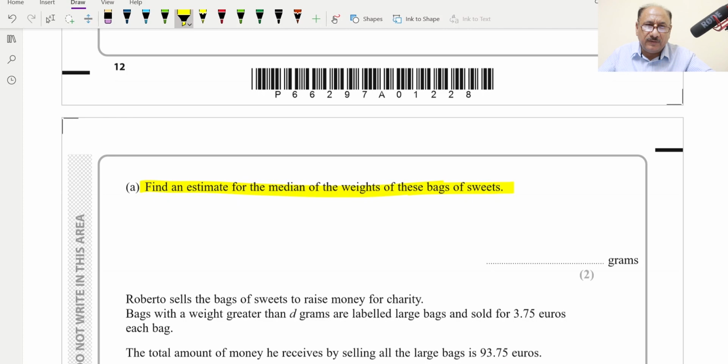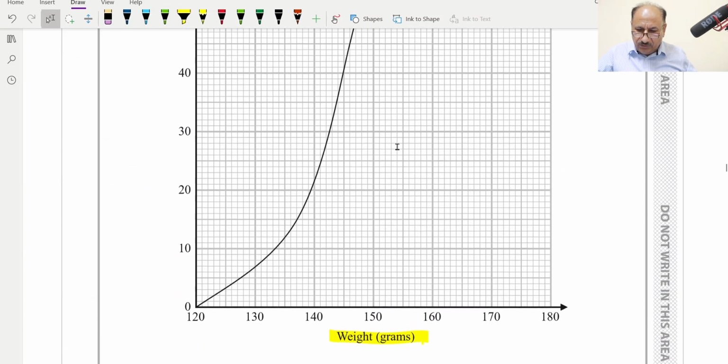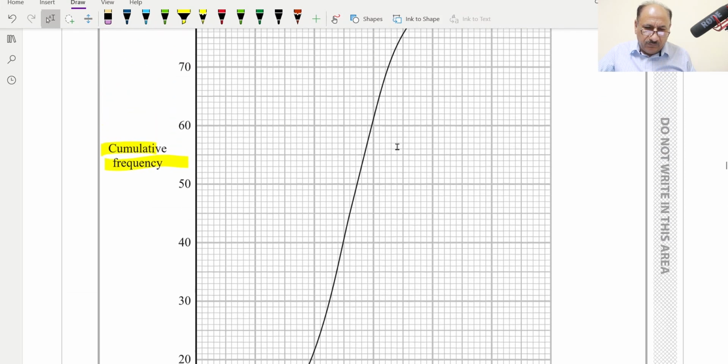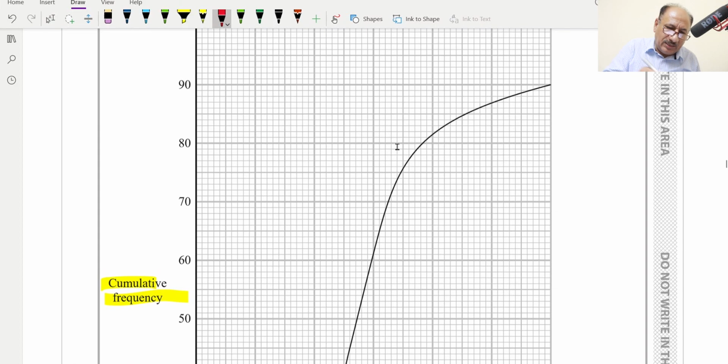For the median, the median will be the middle value. We are calculating the 50th percentile.